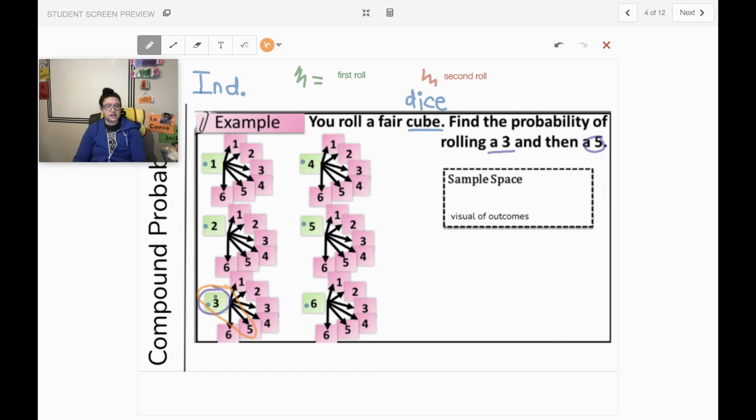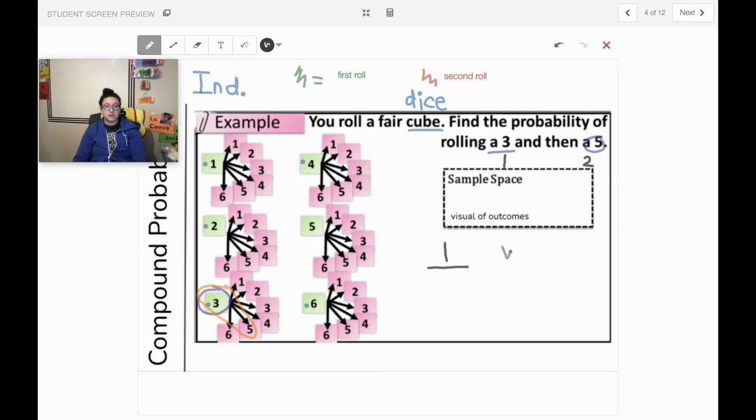Are there any other ways? This 5 and this 3 are the right numbers, but in the wrong order. I have to roll the 3 first and then the 5 second, so that one doesn't work. Only this one option of green 3 and pink 5 works.